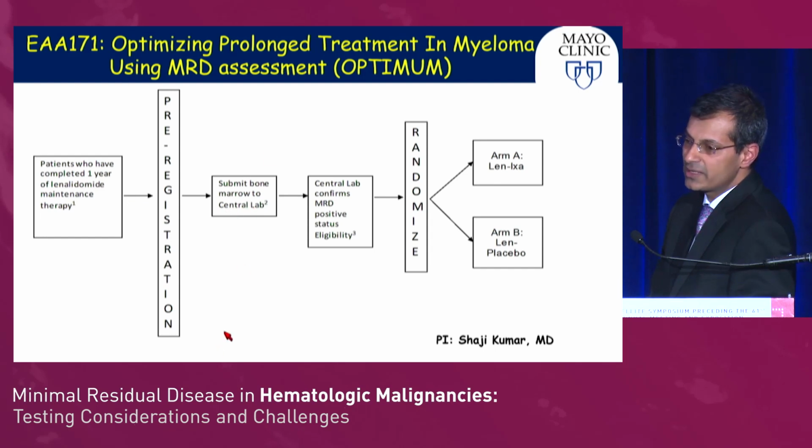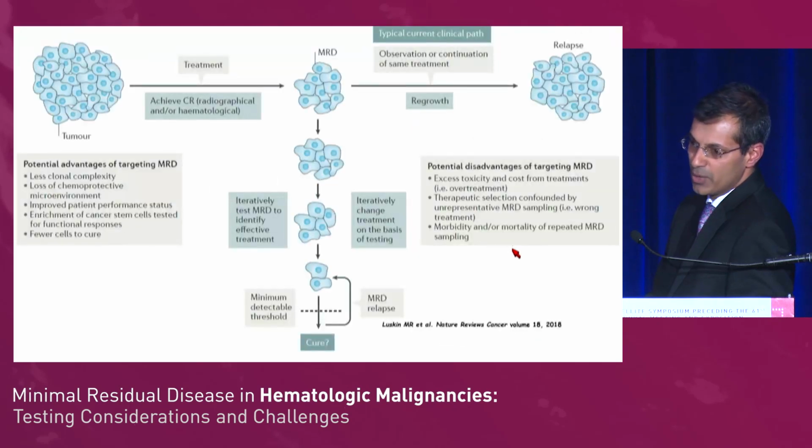If they are MRD negative, they don't get on the trial. But the therapy can be escalated if they are MRD positive to add ixazomib, which is an oral proteasome inhibitor, to lenalidomide, or the patients could just continue on lenalidomide monotherapy, or actually lenalidomide in addition to a placebo.